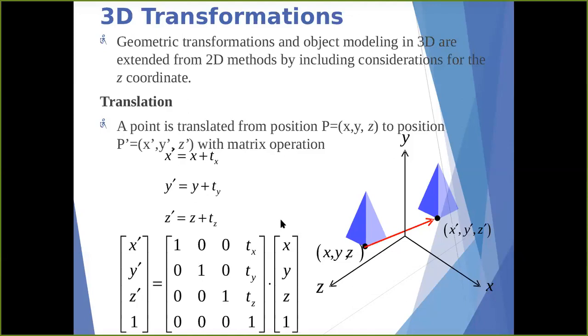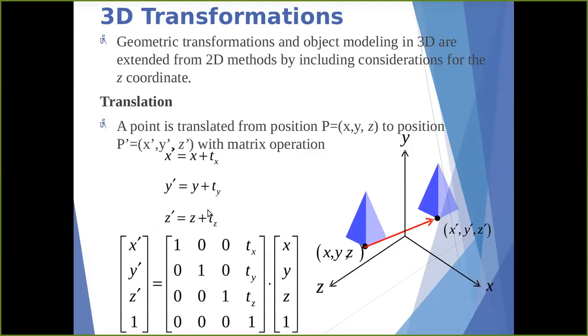So if we are translating by some factor in the x direction, y direction, z direction, we'll just simply write one more line, z dash equals z plus tz, because the previous two lines you are already familiar with. If you want to translate the x coordinate with tx, then the new coordinate x dash will be the addition of x and tx.